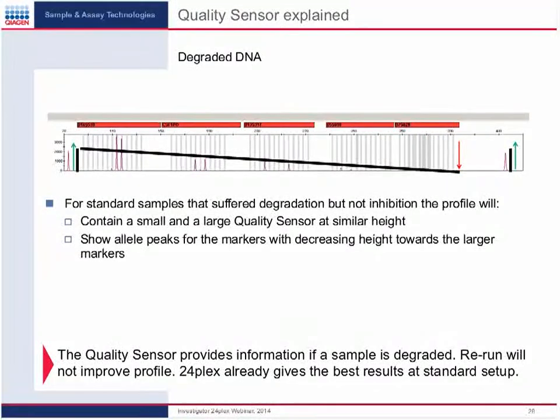This shows you that the PCR works perfectly, but there's an issue with your sample, which is degraded. As you don't have any template of high fragment size, it is not possible to amplify these peaks, for example, in the D7 marker. A rerun will not improve your profile here, and the 24-plex already gives you the best results as a standard setup.